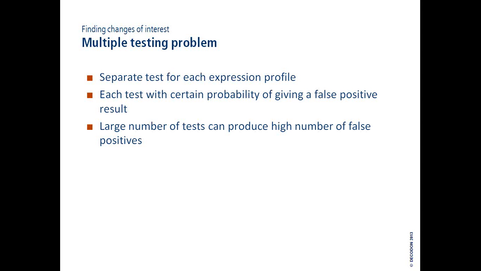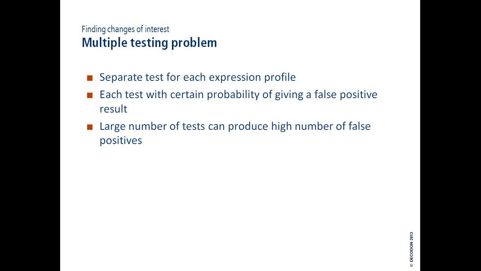The more drawings we do, the more different expression profiles we study, the more likely it will be that we will see a certain strange combination of expression data which is just due to the stochastic processes, due to the bell-shaped distribution of data, and see that there is a difference while there is no difference coming from biological changes.